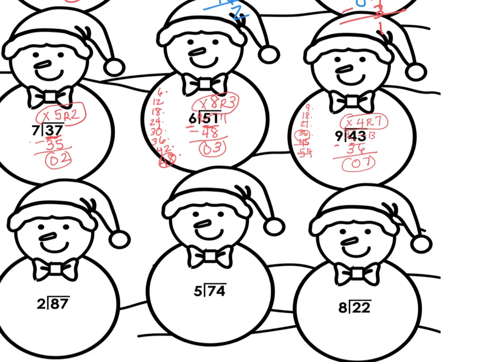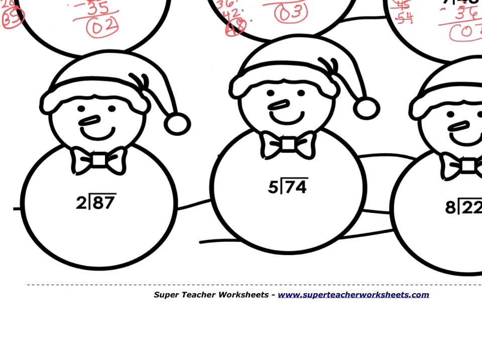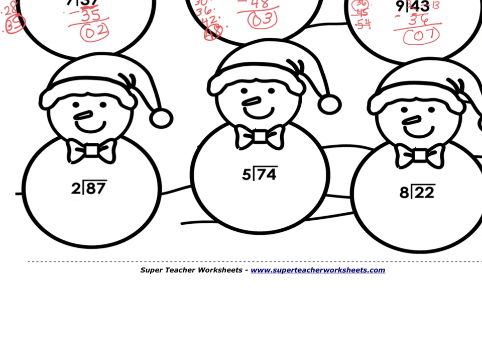All right, let's look at what you guys have to do here. So you have 3 snowmen. I'm going to start you out a little bit. I'm going to say how many 2s can fit into 8? 2, 4, 6, 8. Perfect, right? How many was that? 1, 2, 3, 4.